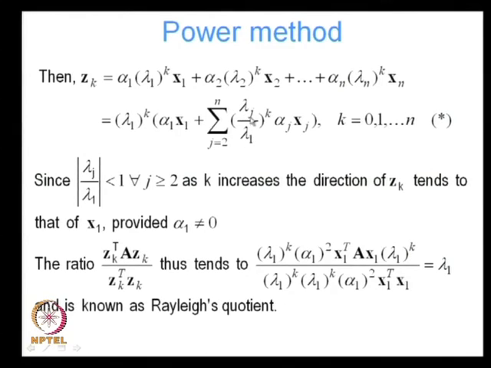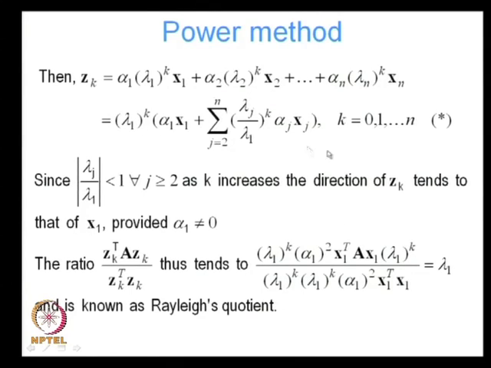Well, we know that lambda 1 is my largest eigenvalue, right. So, each of these terms lambda j by lambda 1 must have modulus less than 1. Therefore, as I increase k, as I increase the number of iterations, this term, since this is less than 1, becomes smaller and smaller, and eventually this part becomes negligibly small as k increases.